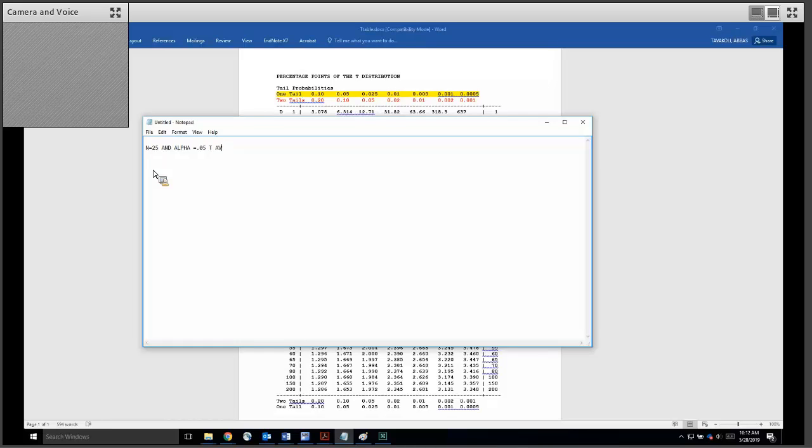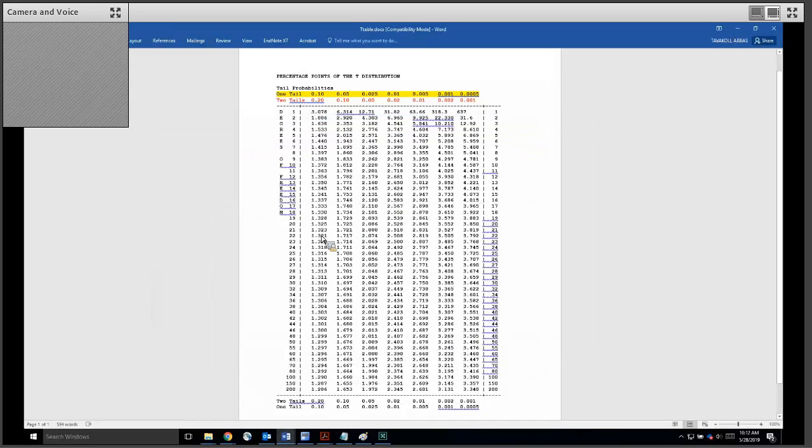Again, we subtract one from n, and that is our degrees of freedom. Our df is n minus 1, which is 25 minus 1, 24. For a confidence interval, you're looking at alpha 0.05 for two sides with 24 degrees of freedom.